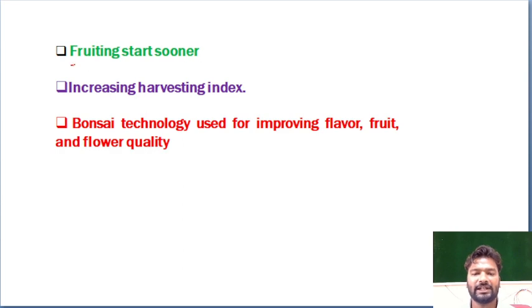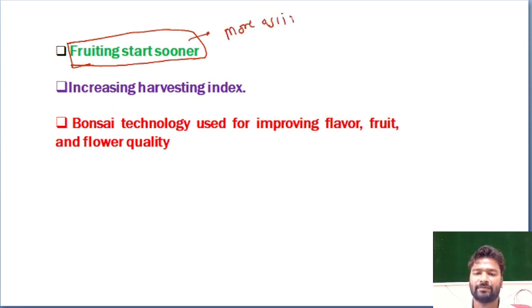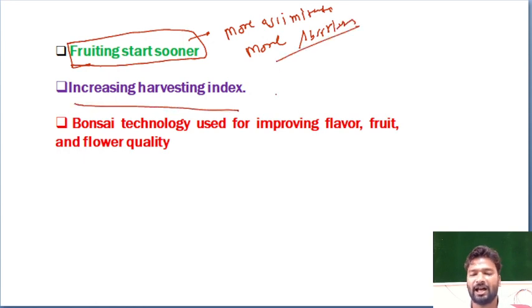Also, the fruiting starts sooner because there will be more assimilation and more absorption of light. Also, it increases the harvest index because we are reducing vegetative growth and increasing the reproductive growth or economic yield.